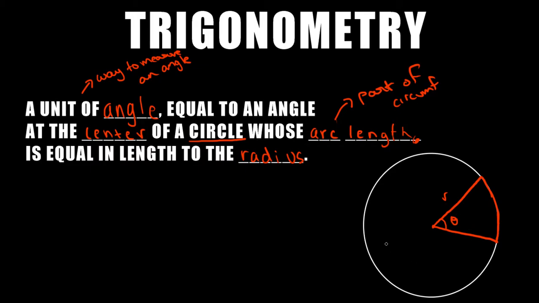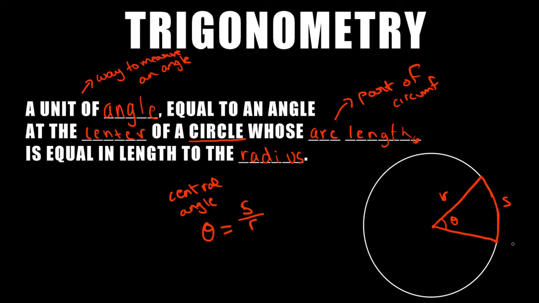So now we know that this angle, which is called the central angle, is equivalent to the arc length, which is commonly known as S, over r. Okay, so the central angle here is equal to the arc length over the radius.